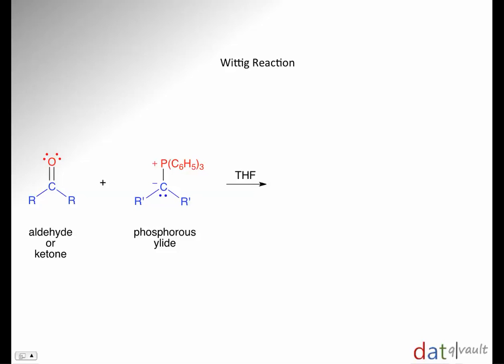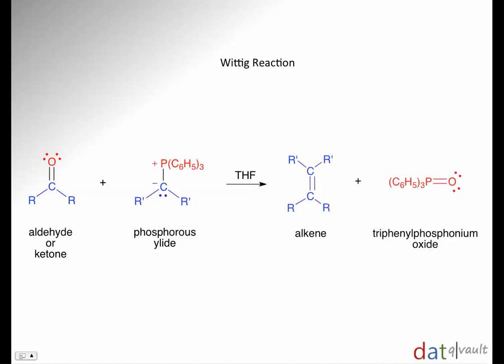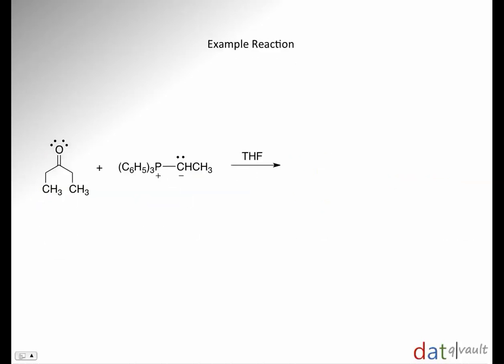When you take these two molecules and mix them together in a solvent such as THF, we form our carbon-carbon bond. In the case of the Wittig reaction, we form an alkene, and then we also form the byproduct triphenylphosphine oxide. This phosphorus ylide might be a little bit daunting and complicated, but later on in this lecture we'll cover why it has a structure such as this and how that allows it to participate in the Wittig reaction.